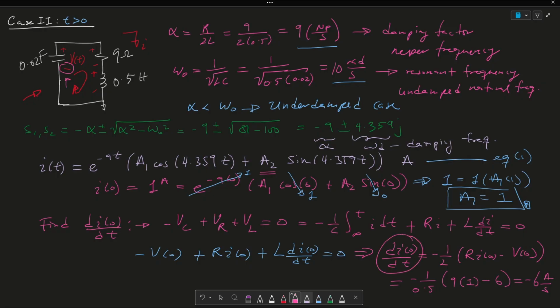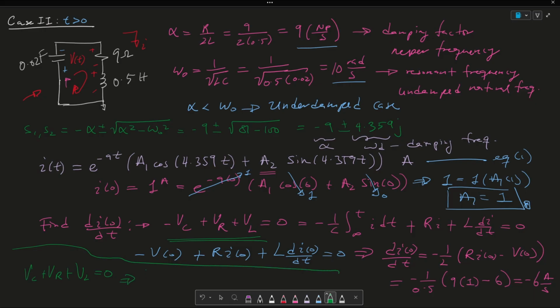Something very, very important to note is that in the video that I did labeled the source-free series RLC circuit clearly explained, we considered that the current is going through the positive terminal on all my passive components. As a result, this equation there is actually going to be VC plus VR plus VL is equal to 0.